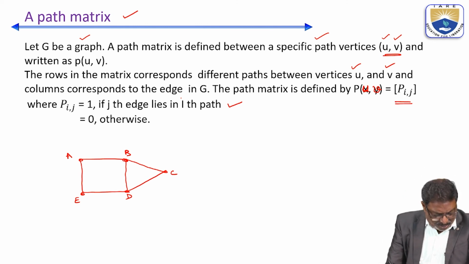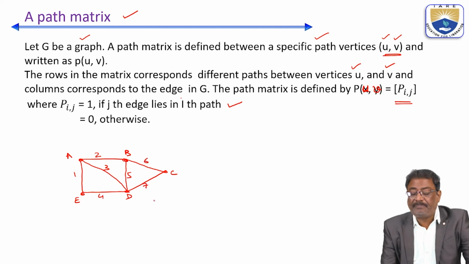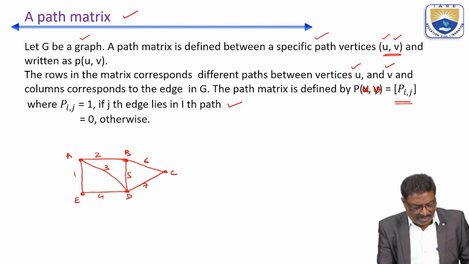Let us say E1, E2 and E3, E4, E5, E6 and E7. There are 7 edges in that graph.